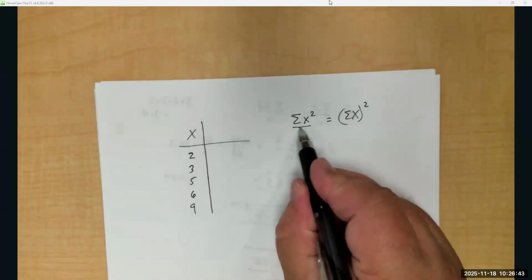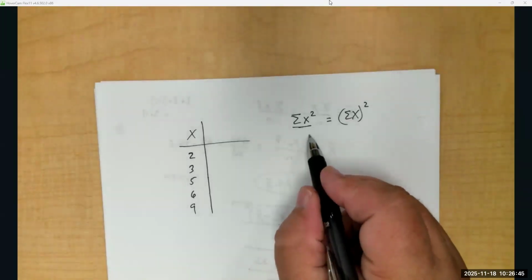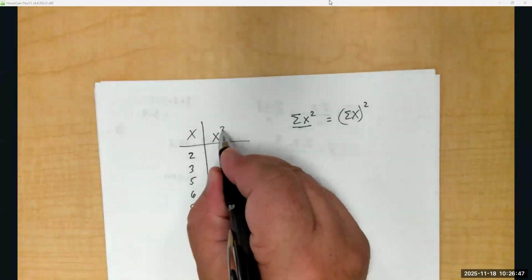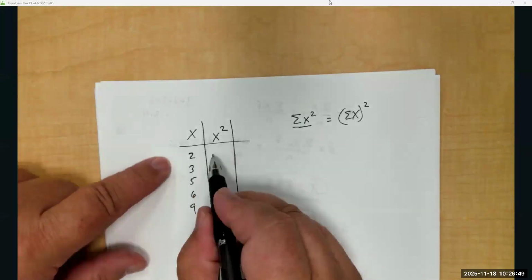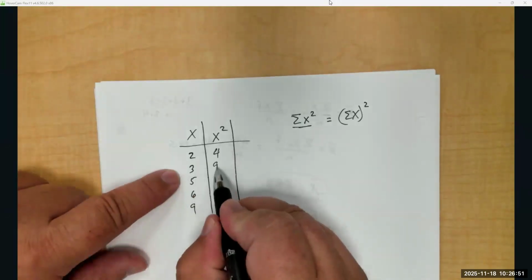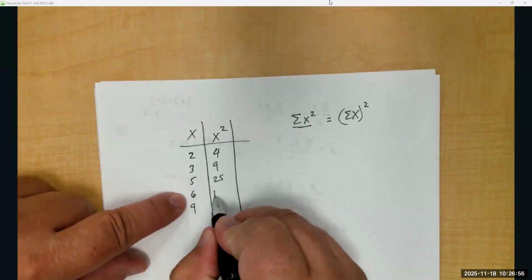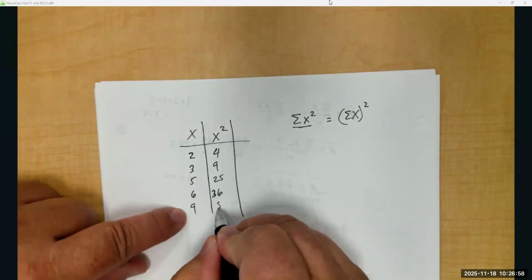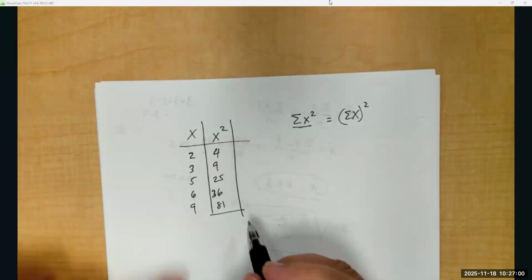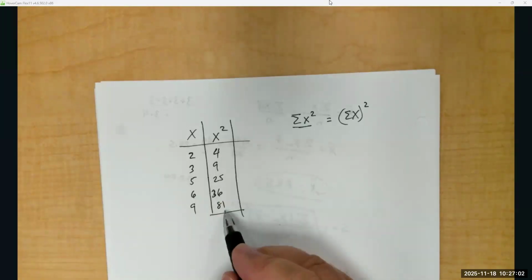On the left side, what is it telling us to do? Square all the x's. So 2 squared is 4, 3 squared is 9, 5 squared is 25, 6 squared is 36, 9 squared is 81. Then add them all up.